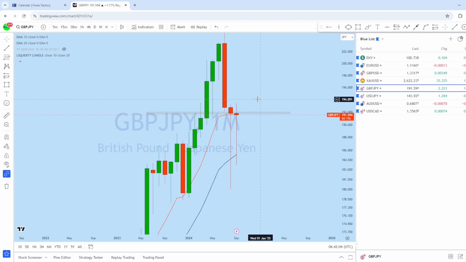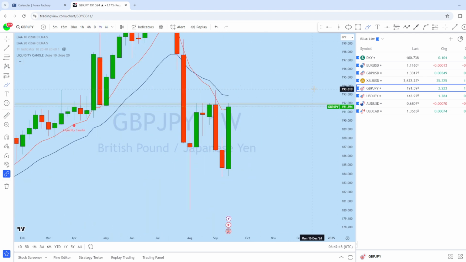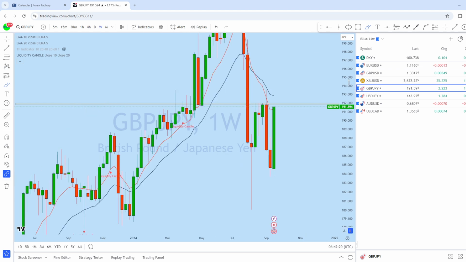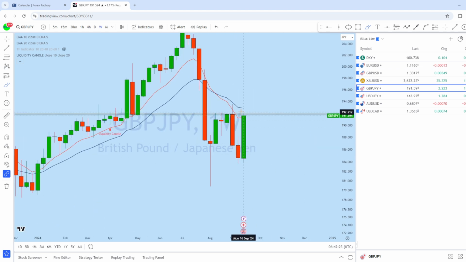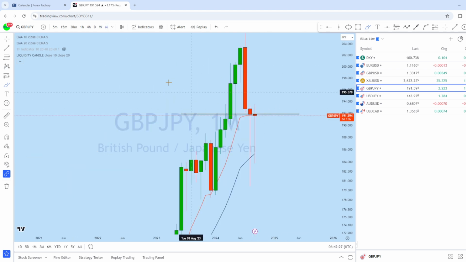And I think that on GJ, the price may drop initially, and the monthly close could be a doji or even a bull candle. So if we look at the weekly chart, last week we saw a pretty strong bounce, and at the same time the price is on the monthly resistance.